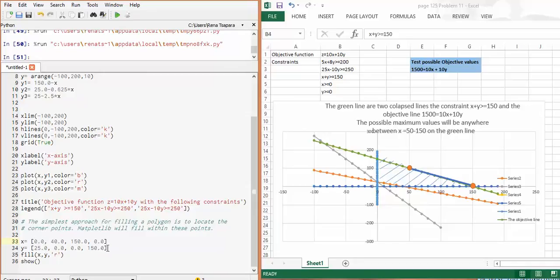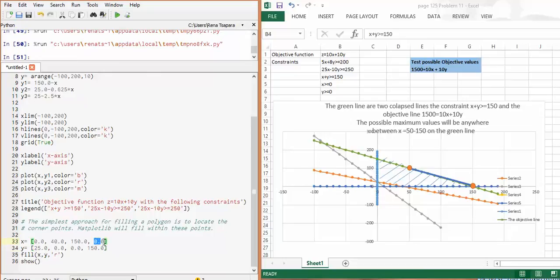Then we define the y, again the y coordinates of the points. Make sure that you write them in the same order, because this means that 0, 0 and 25, 0 is the first argument for both x and y, and this means that we have the point 0, 25, and then we have the point 40, 0, and then we have the point 150, 0.